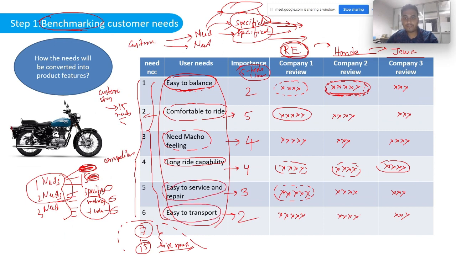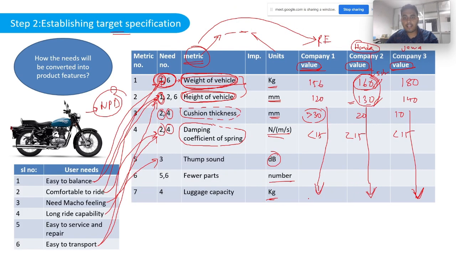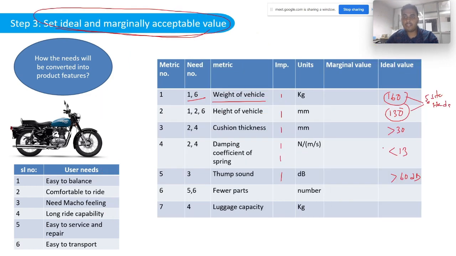Who is the winner? Royal Enfield is the winner. What specification do they have for that number? Probably they have fewer parts, say 8 parts, while others have more. So we take this value as our ideal value.